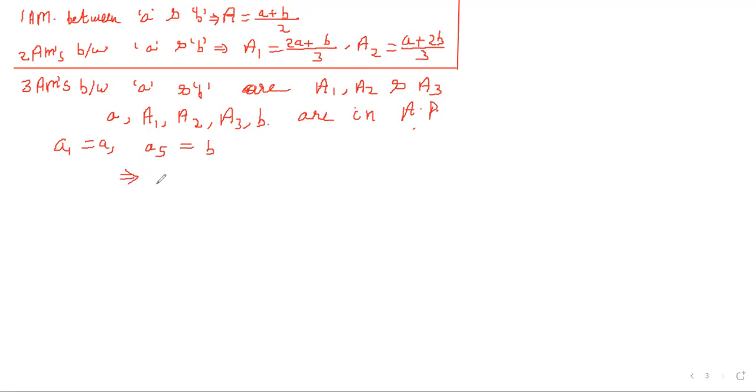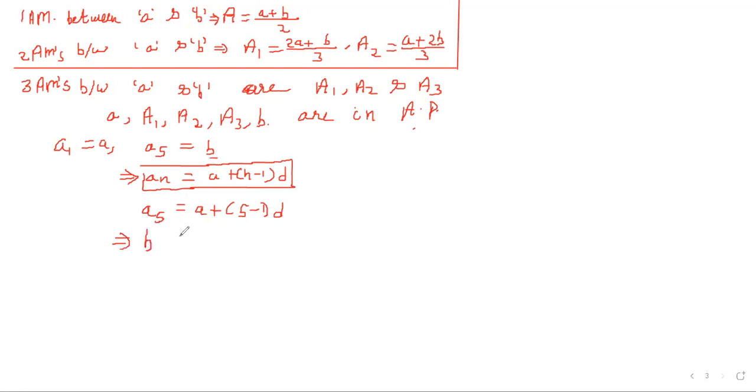Now formula for nth term we know that is a plus (n minus 1) into d. So in place of n, if we write 5 both sides, it is a5 equals a plus (5 minus 1) into d, and a5 we know that is b.